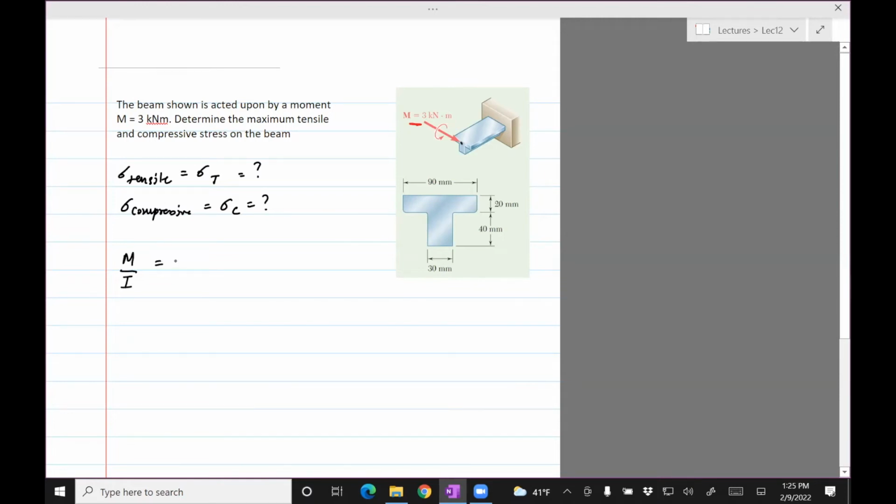It's the same formula, E divided by R equals sigma divided by Y. We'll need to use the maximum stress, so Y max.